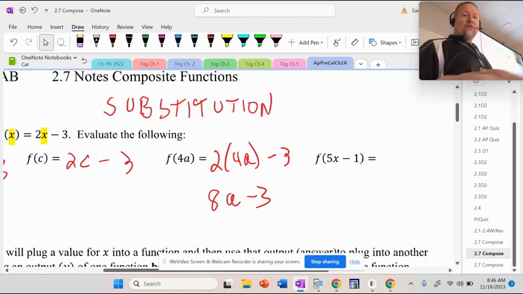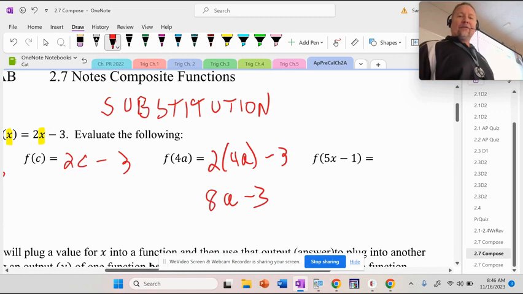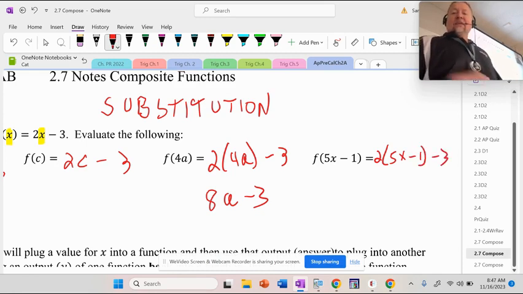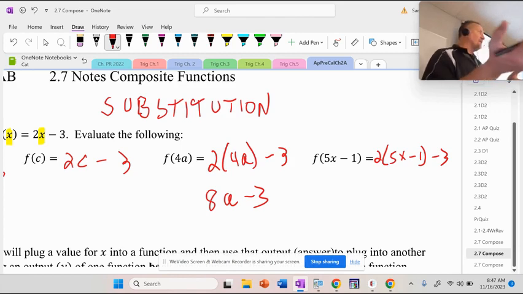What you should have written is this. The x leaves, and actually it's funny, someone in first hour at the very end of our notes treated this composition of functions as a multiplication, and it's not.